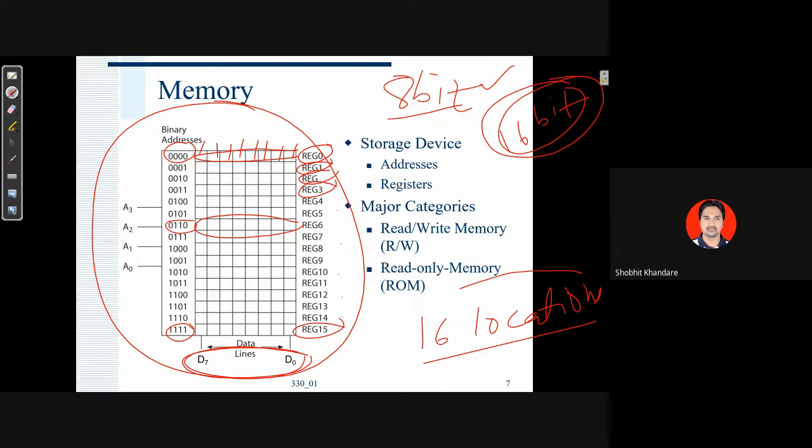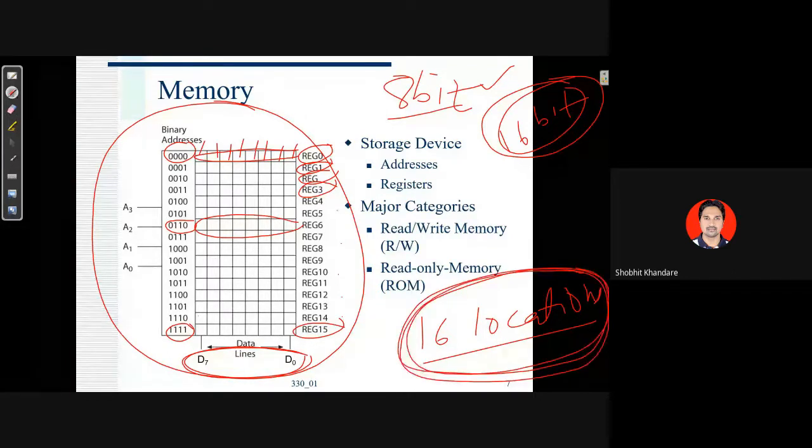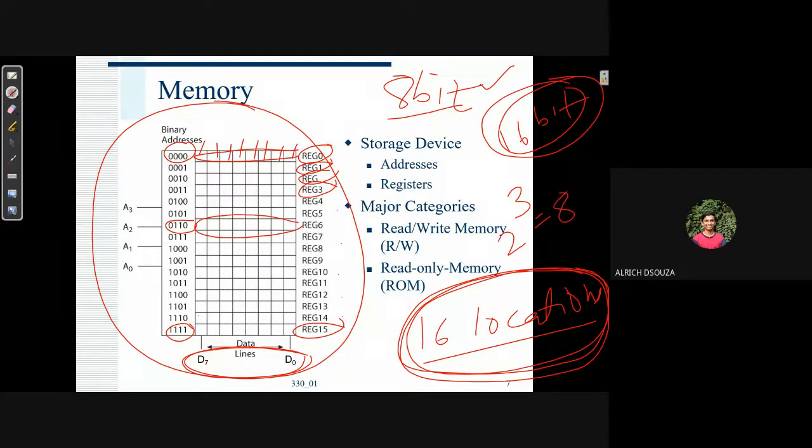So how many bits of address are sufficient to identify 16 locations? 4, obviously 4. Can we go with 3? No, because 2 to the power of 3 is 8. And 2 to the power of 4 is 16. Yes. So I would require 4 address lines.